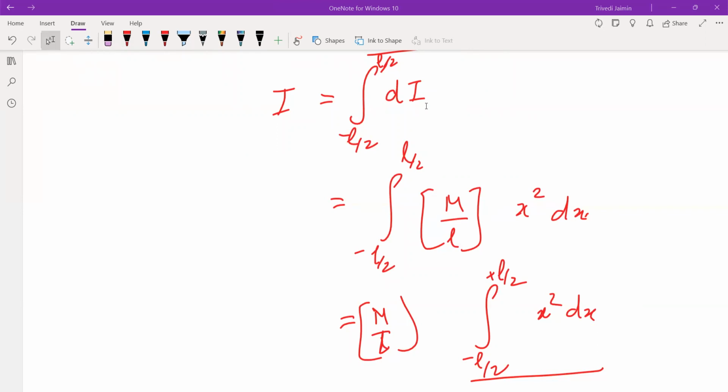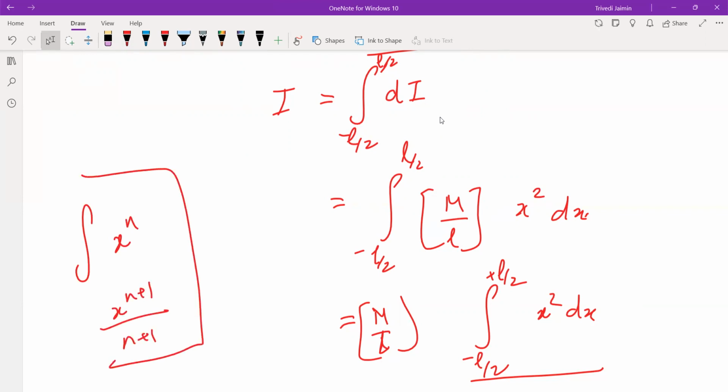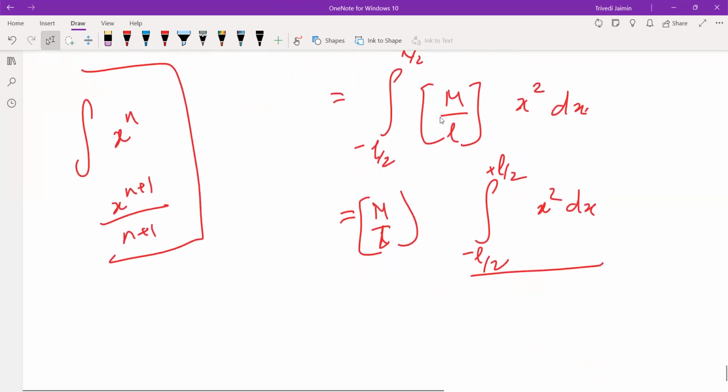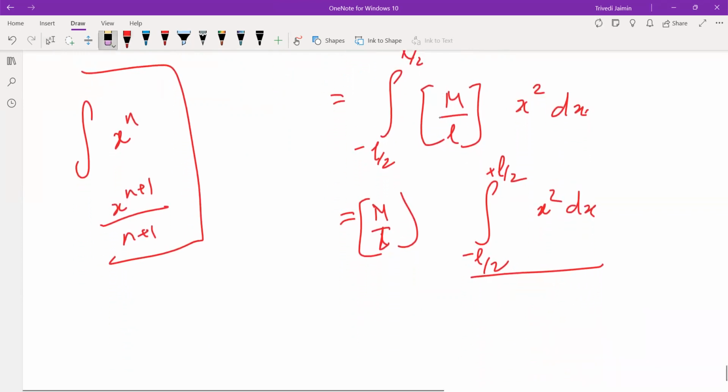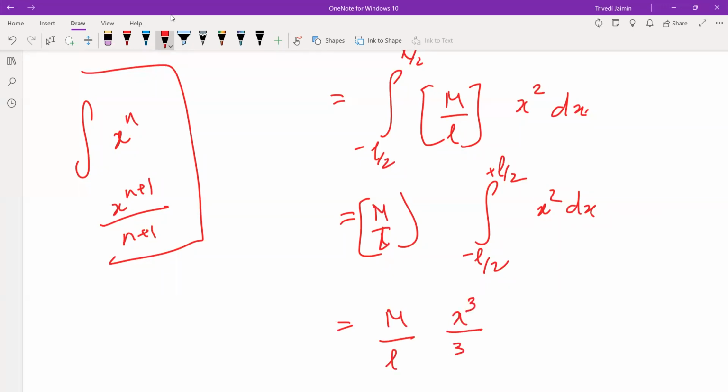Yes, it should be x cubed by 3, because integration of x to the power n is x to the power n plus 1 divided by n plus 1. So M by L into x cube by 3.